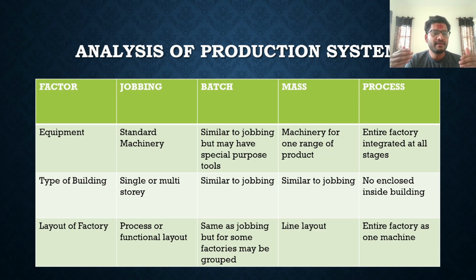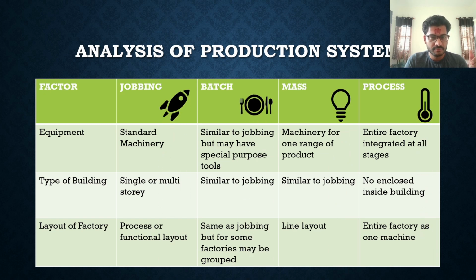Jobbing is very clear: manufacturing a space station or rocket, a complete aeroplane, or a complete ship is going to be jobbing. Batching can be the same type of products made in batches.